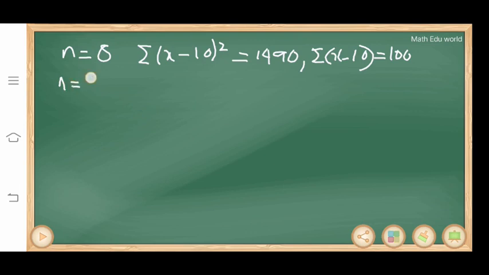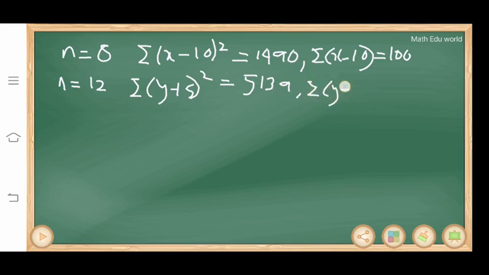And for another 12 values, sigma y plus 5 the whole squared is equal to 5139, and sigma y plus 5 is equal to 234. Our question is to find the combined variance.